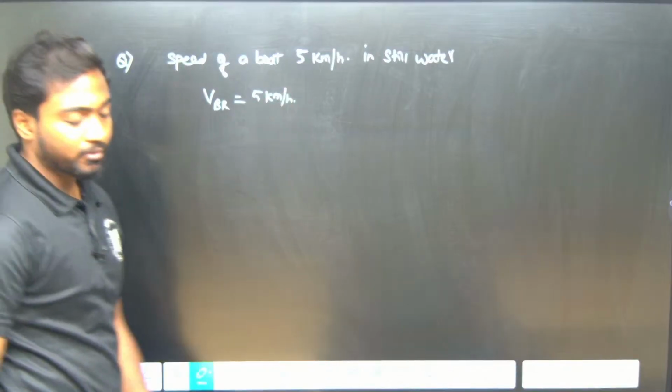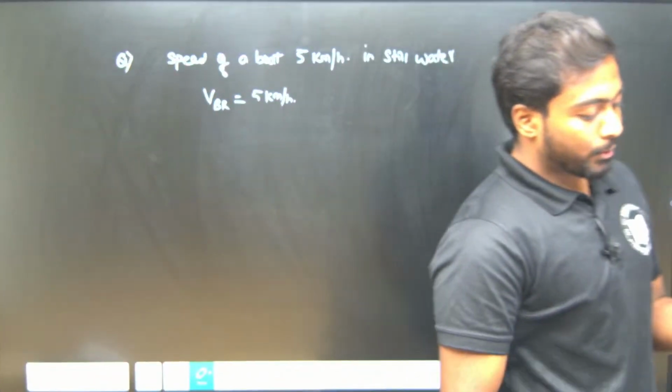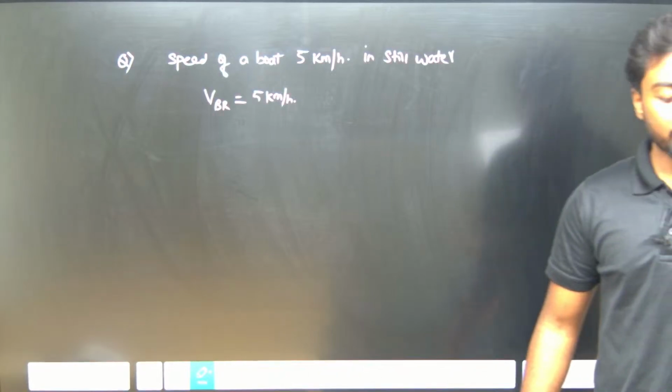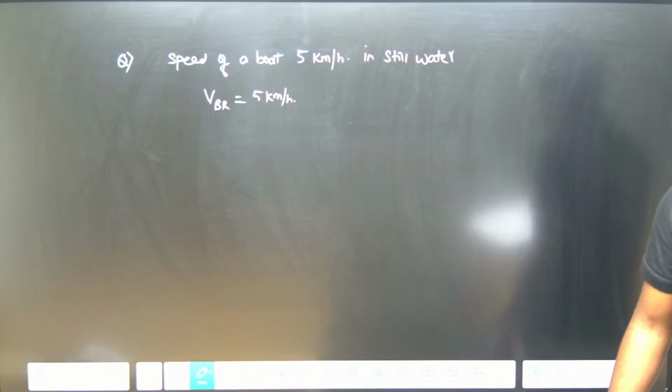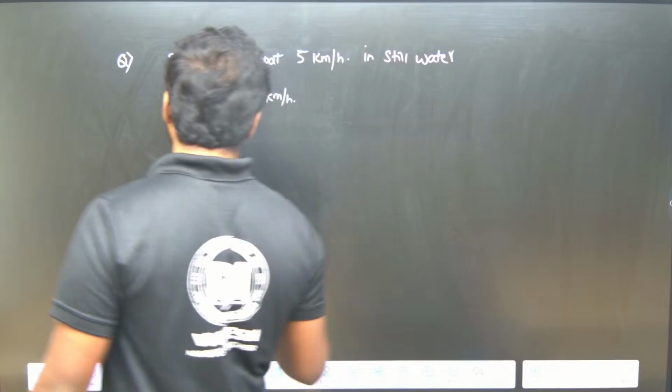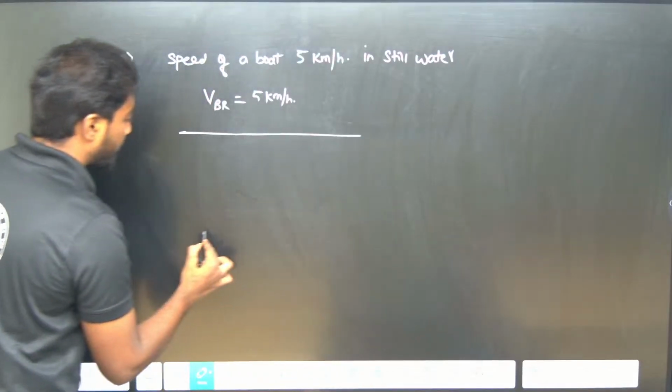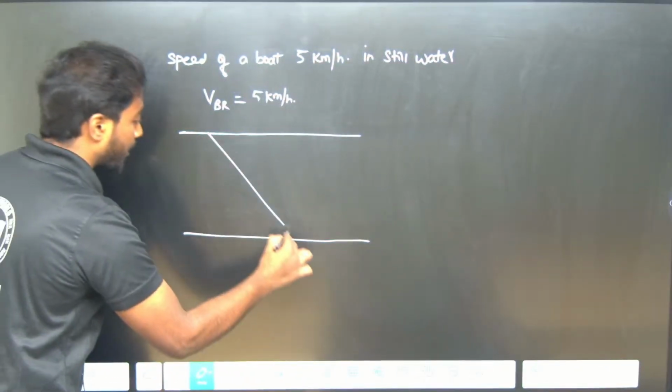Understood? Yes. So it crosses the river width of 1 km along the shortest possible path in 15 minutes. So along the shortest possible path, which means this is my diagram.